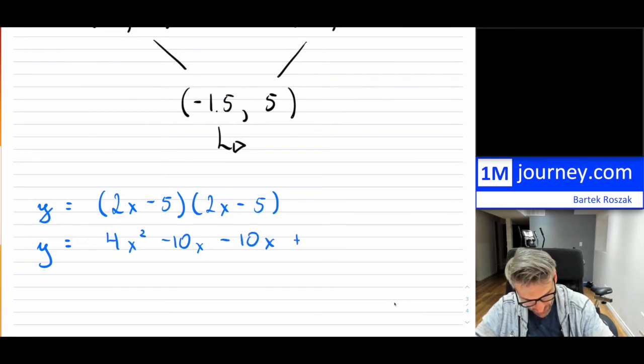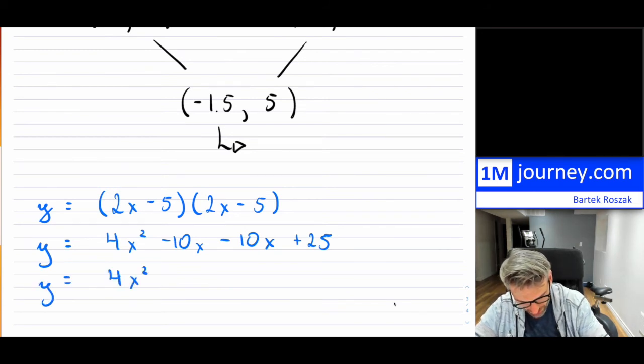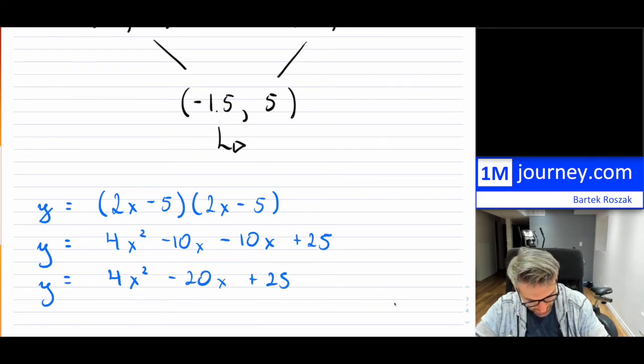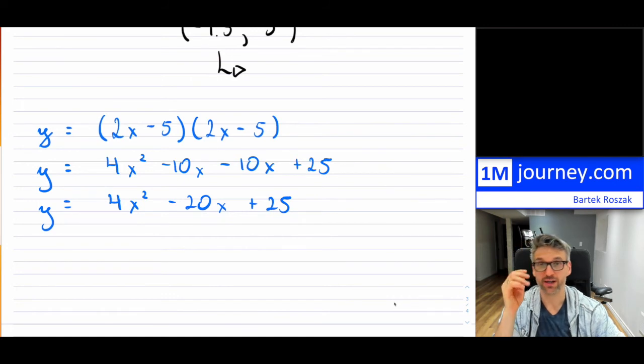And then finally I'm going to get plus 25. My relationship is 4x squared minus 20x plus 25. So to find that line of symmetry for any quadratic, it doesn't matter what it is, this is just one method, but it's a useful method.